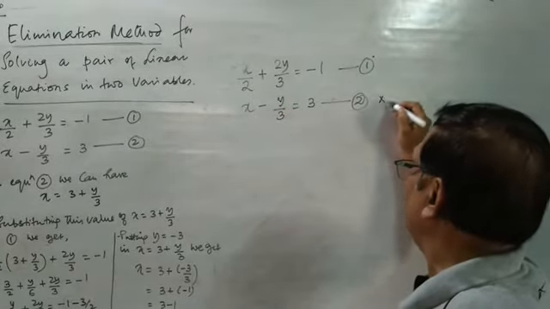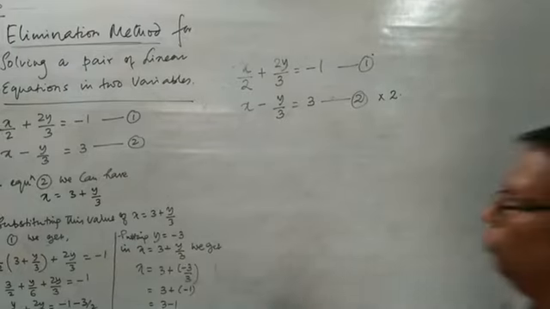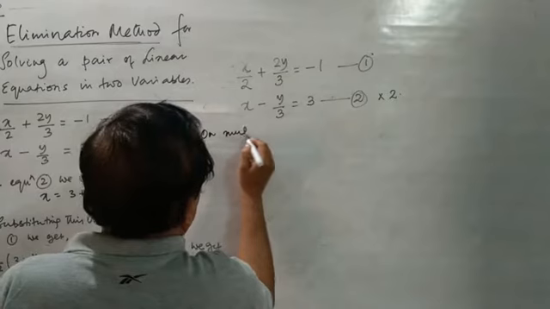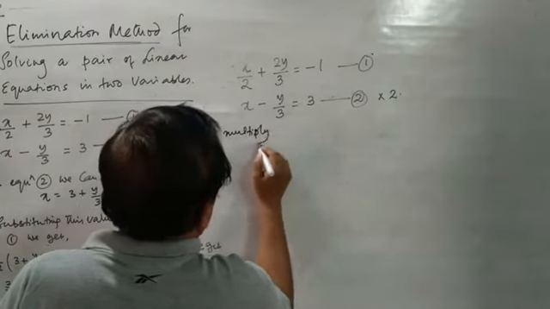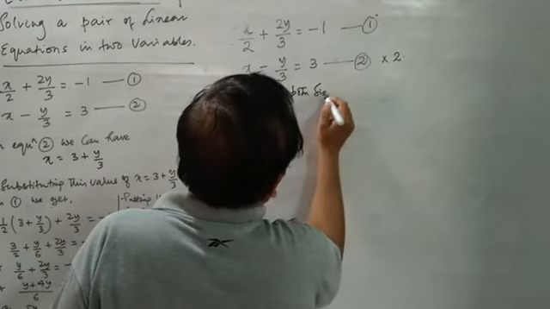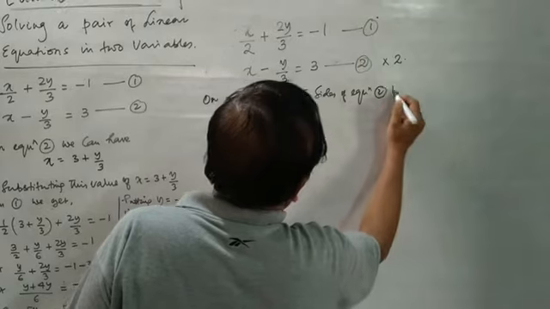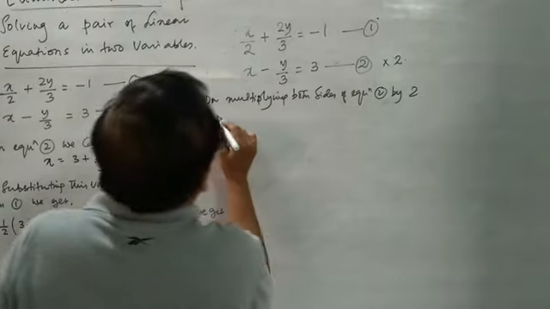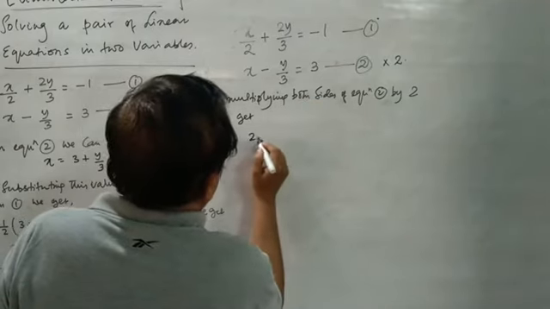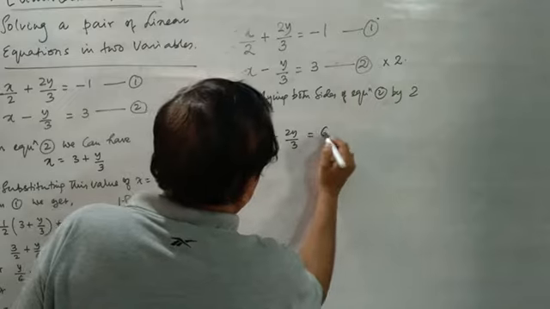So, if we multiply both sides of equation 2 by 2, we get 2x minus 2y by 3 is equal to 6.